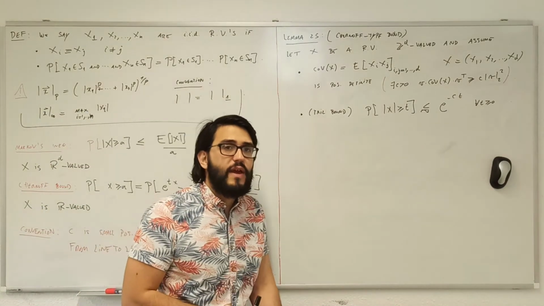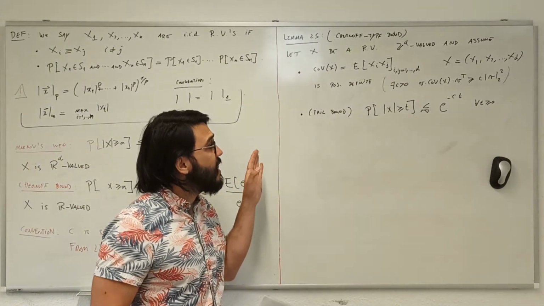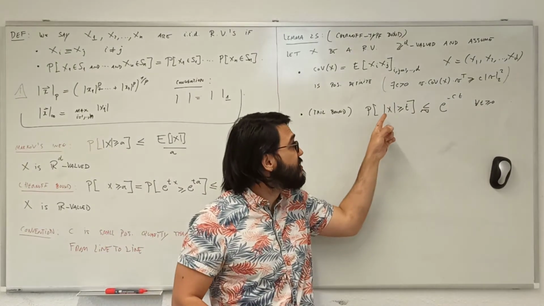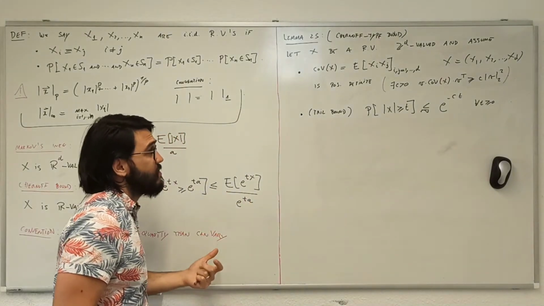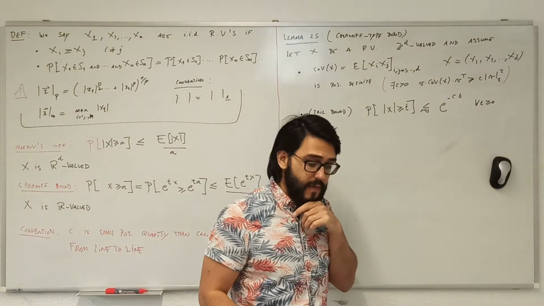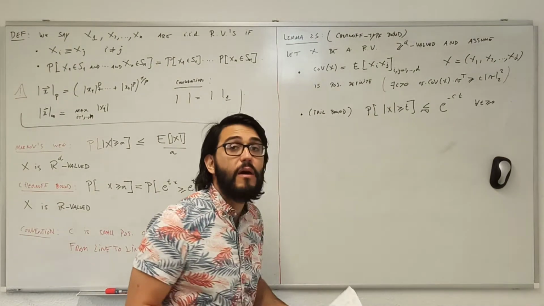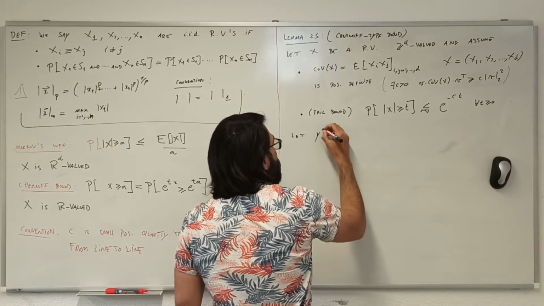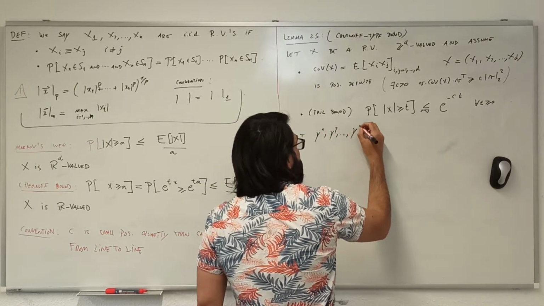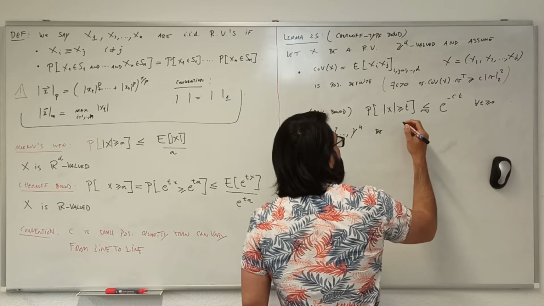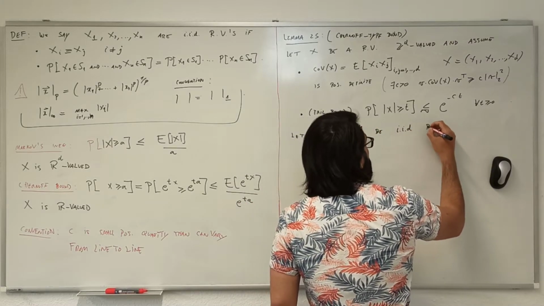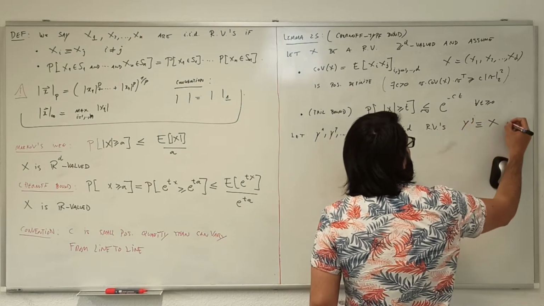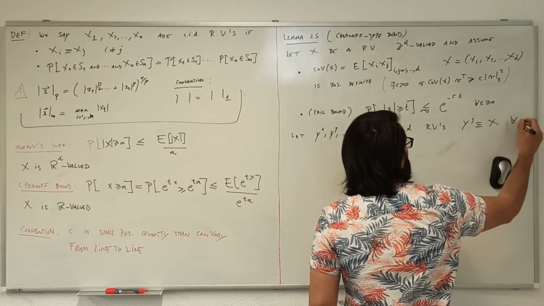Then what I want to do now is to estimate what happens if I take n copies of x, which are independent and identically distributed to x, with the probability of the sum of these random variables. So let y_1, y_2, ..., y_n be i.i.d. random variables, all identically distributed to x.